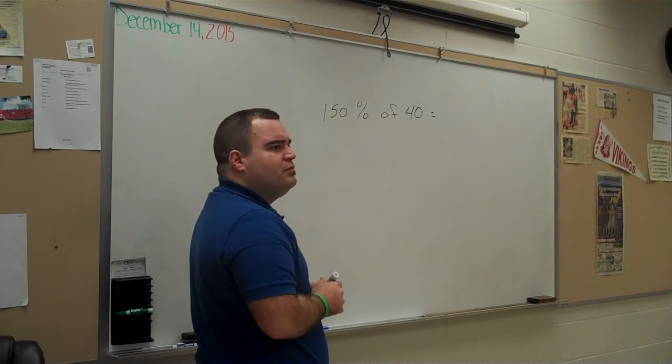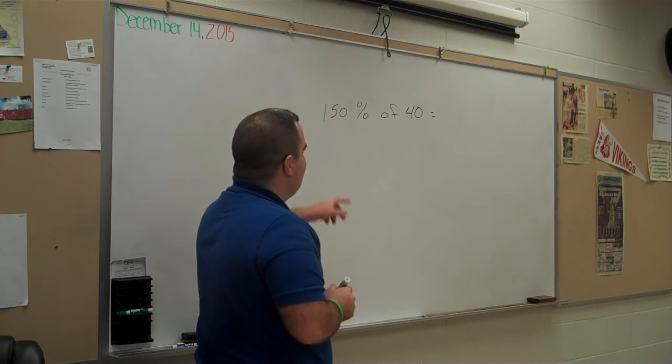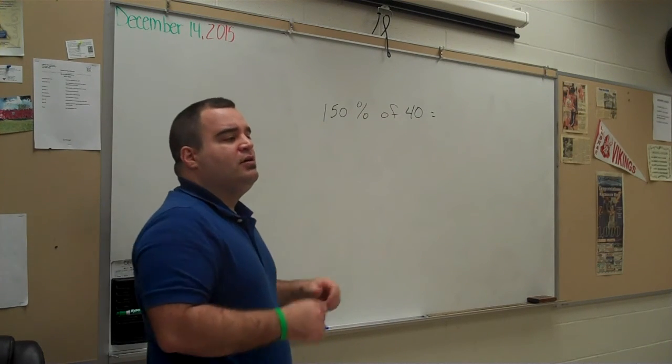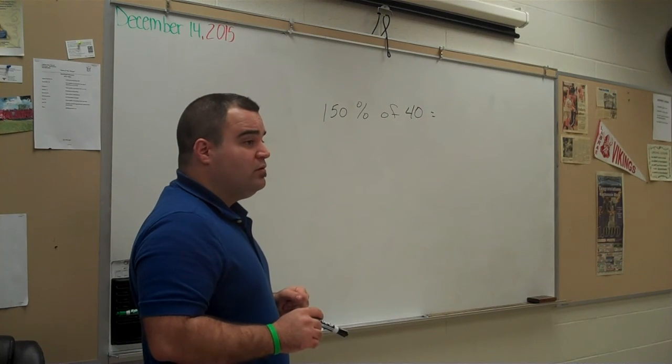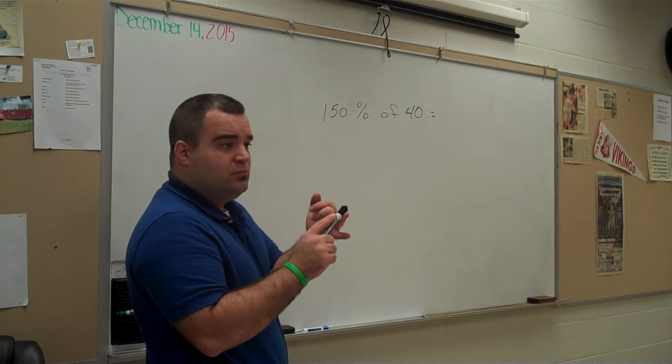Not 15. Oh, no, 100%. What's going on right here? 150% of 40. Hey, Tiffany, just because the numbers got different, does it change the method at all? Change it to a decimal. Multiply.